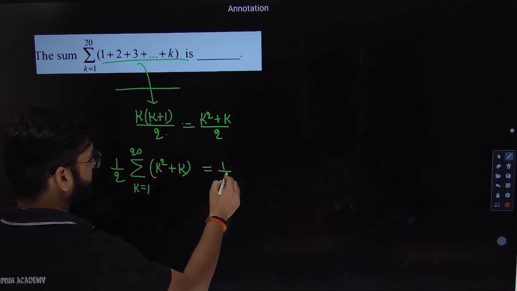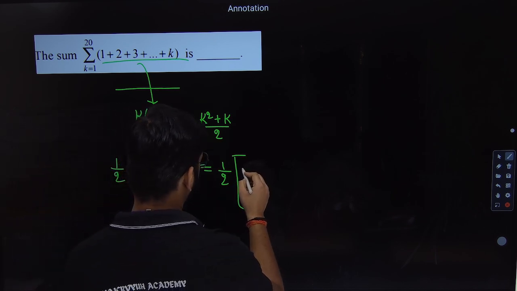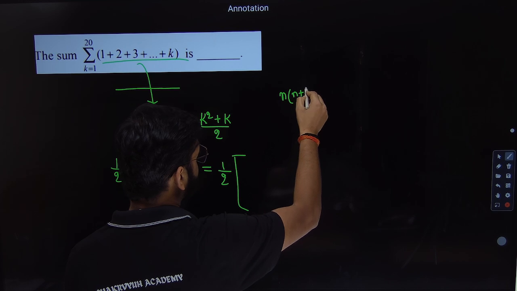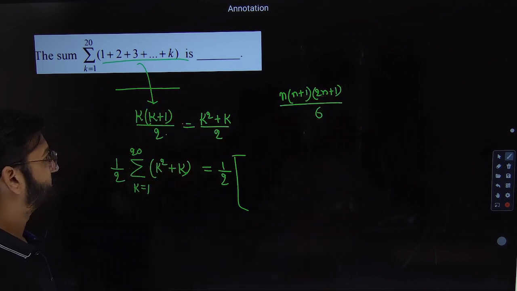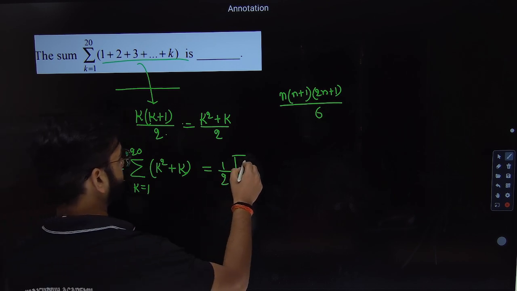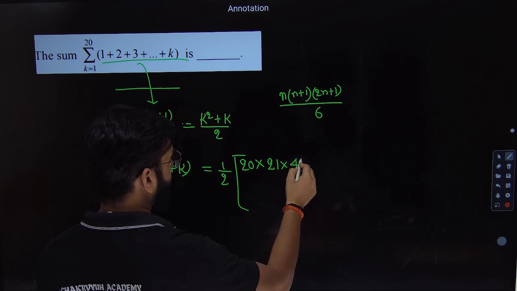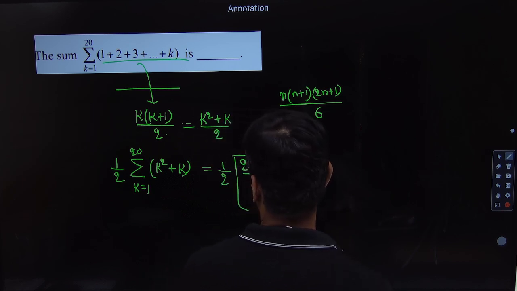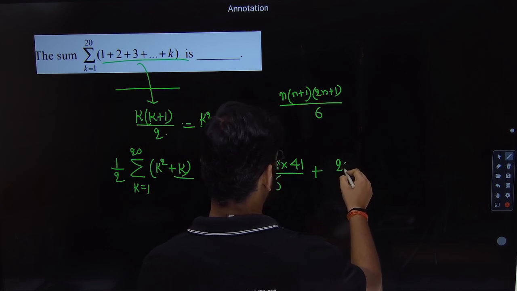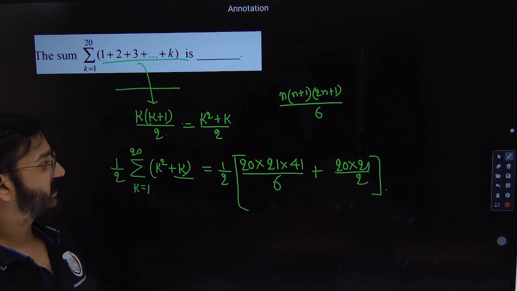So divide this into two parts. The first part is what? Summation of squares: n into n plus 1 into 2n plus 1 by 6. This is the formula. How many terms do we have? 20. So 20 into 21 into 41 by 6, plus the sum of first 20 natural numbers, so 20 into 21 by 2. Students, check, any problem?